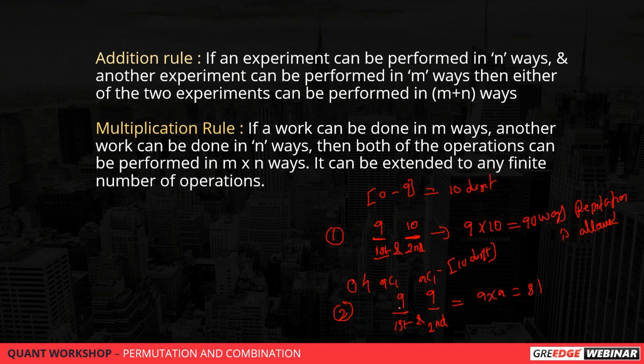For the second place, the condition is that I should not use the number already used in the first place. Out of 10, we use 1, so only 9 digits are left. So I can fill the second place in 9 ways. The keyword is and, I'm filling the first and the second, so multiplying gives you 81 ways when repetition is not allowed.